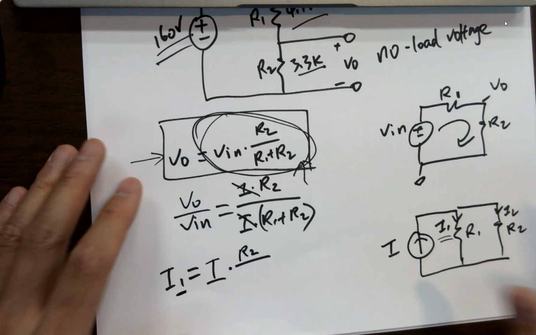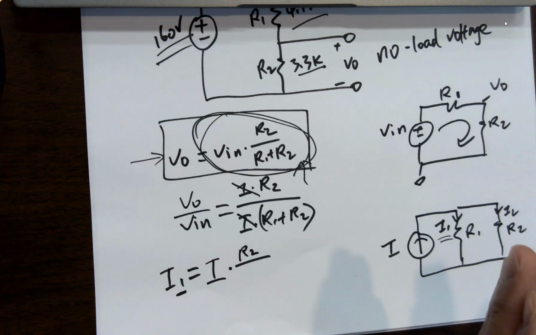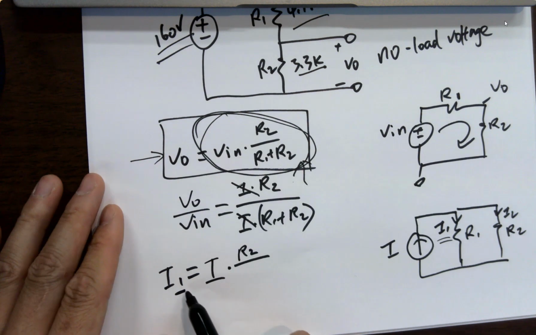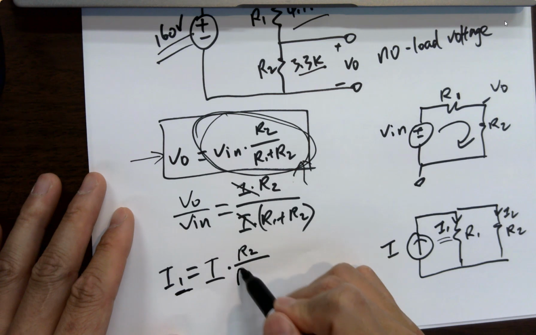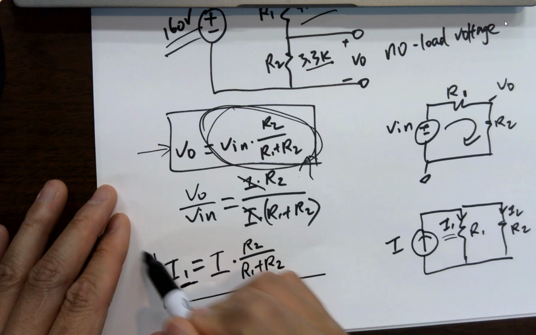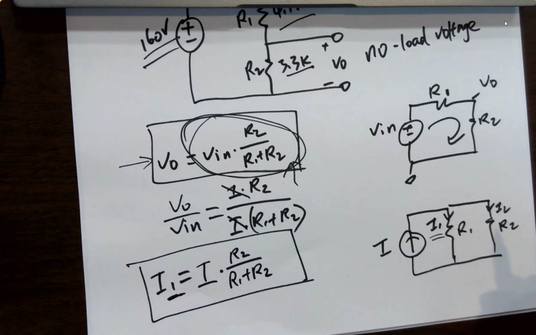But you can always combine all the resistors, series and parallel, into two. So eventually you are able to use this equation in most cases. If you are calculating I1, you put R2 on the top, and then the total resistance. Just memorize this since you already derived it so many times. It's okay to memorize it.